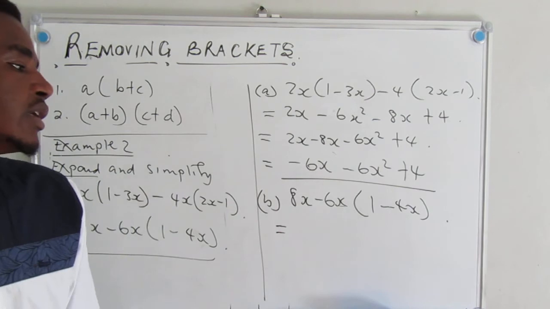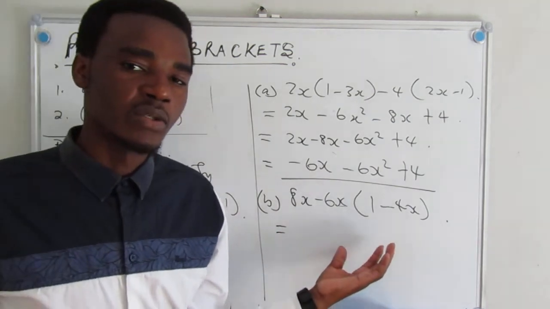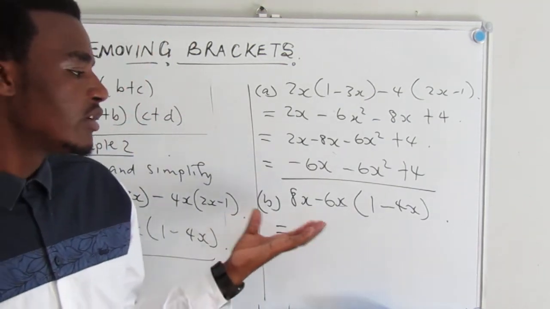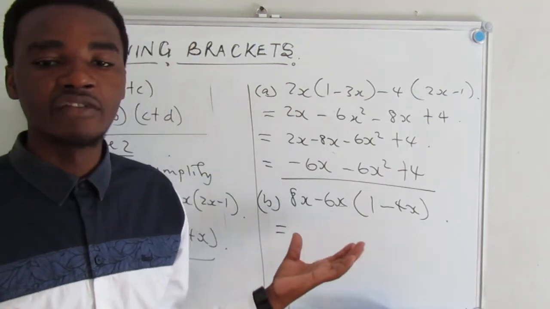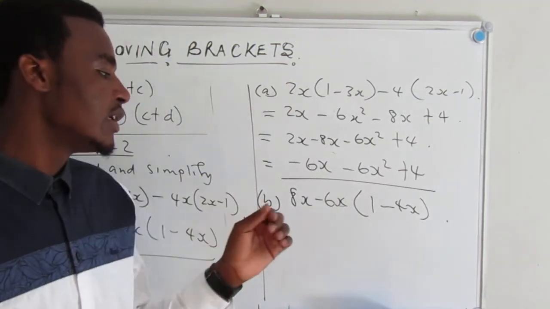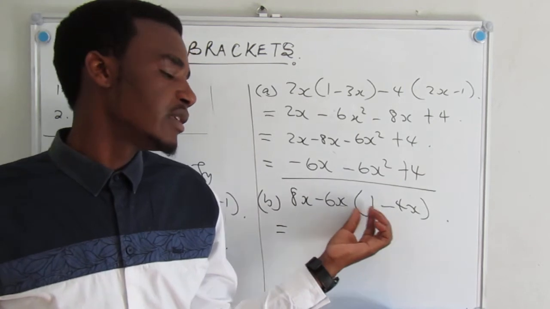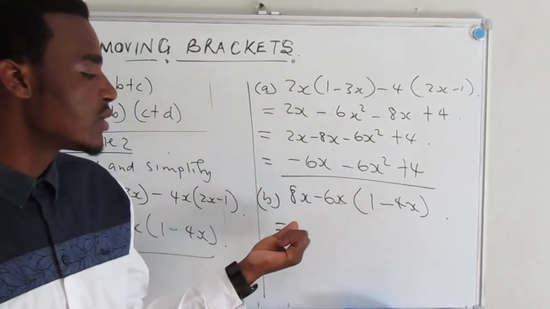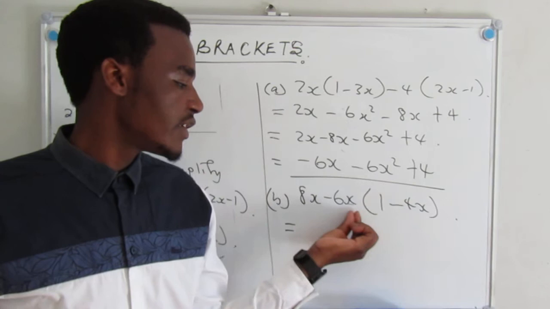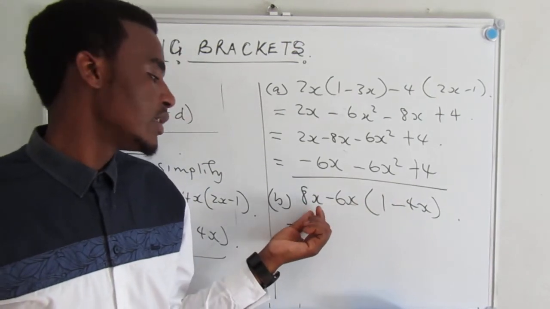By so doing, you are violating the BODMAS rule, the order of operations. The order of operations says when a calculation involves more than one operation, start by multiplication before you subtract. So in this case, multiply this first before you deal with this 8x.